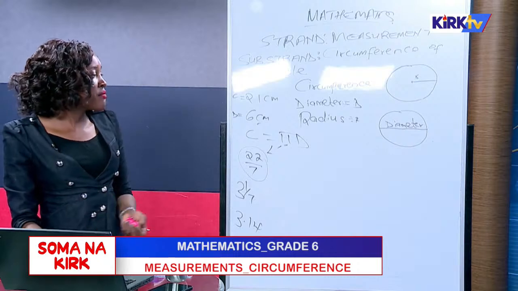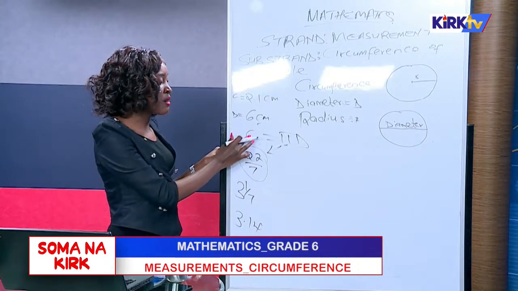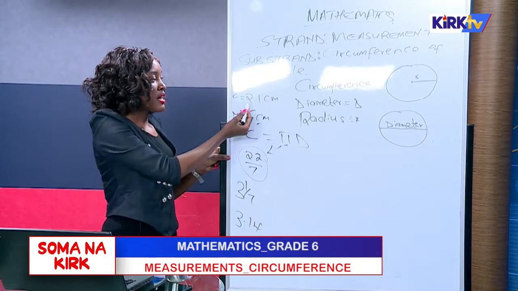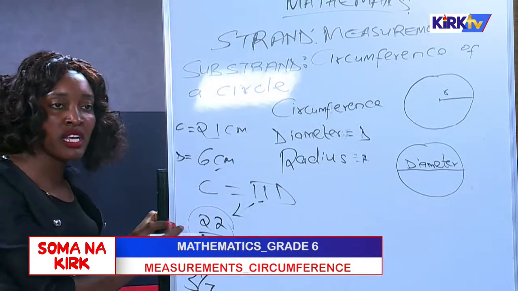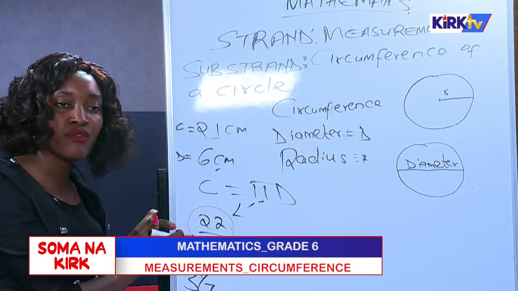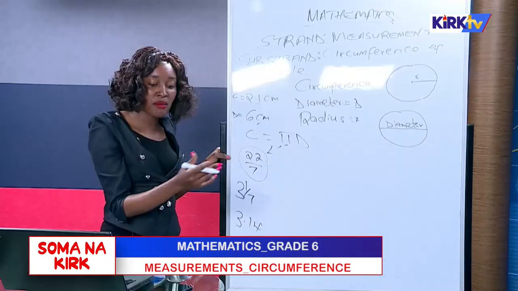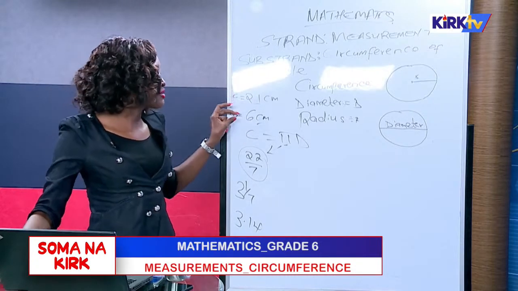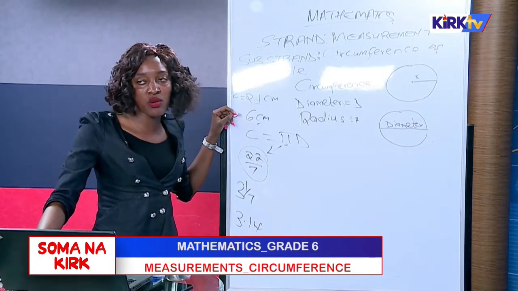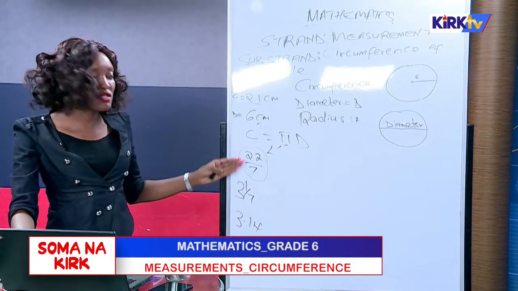Are we together? And remember, the circumference is the same as the circumference divided by what? Diameter. That is where we derive our pi from, okay? So after measuring your circular object, try and take that circumference, divide by the diameter, and tell me whether you get something close to my pi.